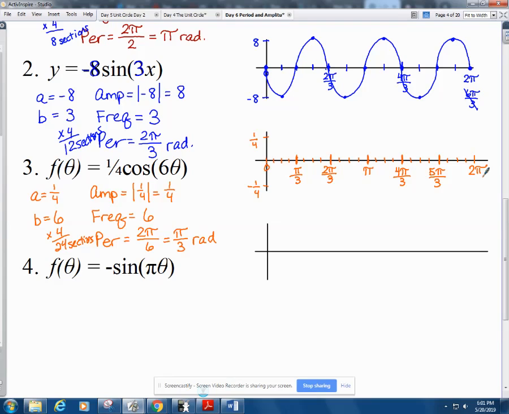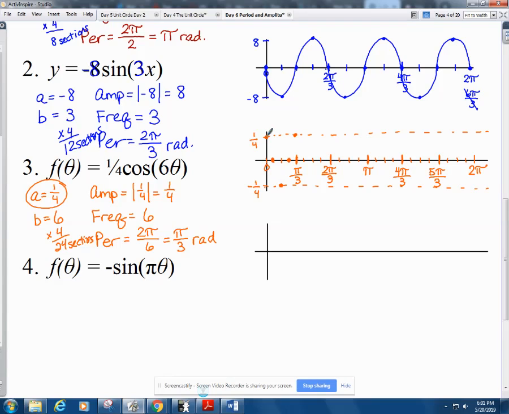So cosine. Cosine starts at 0? No. Cosine doesn't start at 0. It starts at A. So our A value is at 1/4. So we're going to start at 1/4. And then we go to 0, negative 1/4, 0, back to 1/4. Then you repeat. And what you're going to notice is your lines up here probably aren't going to line up. If you wanted to sketch in a line across here so that you know where you're going, we could always erase that later.